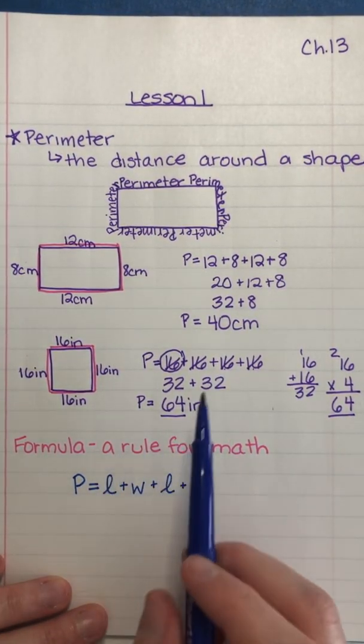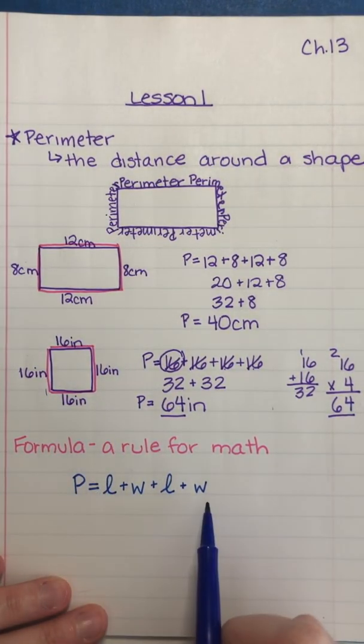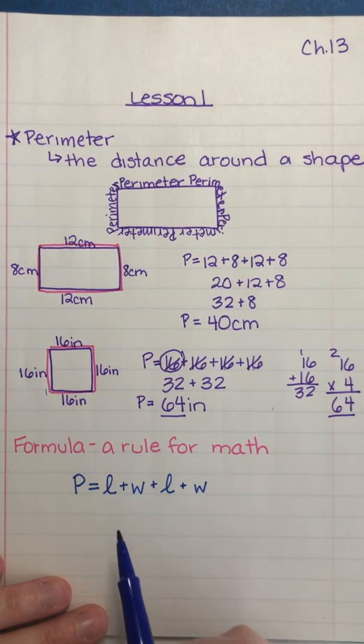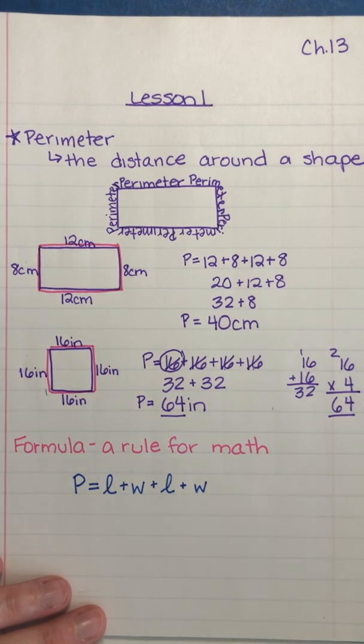So I'm doing the length plus the width plus the length plus the width in order to find the perimeter. So this is a formula, and if I take out each letter, I can replace it with a number from the picture. So let's do one more.